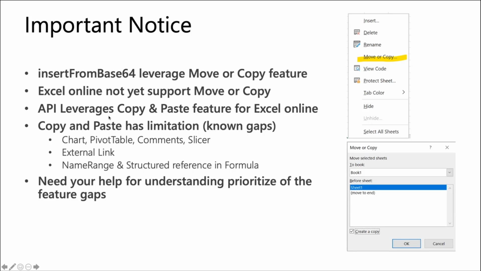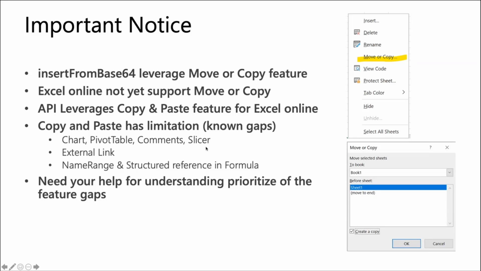So if you press Control C and then Control V, it will copy the source worksheet to the target worksheet. However, copy and paste in Excel Online has some limitations because some elements cannot be copied, for example chart, pivot table, comments, and slicers.